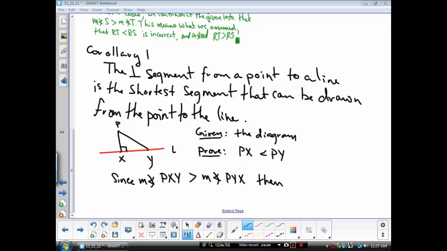And then what I know is if PXY is a larger angle, then the side that's opposite has to be longer than the side that's opposite the smaller angle. So this is telling me then that PY has to be longer than PX. Or, in other words, that PX has to be shorter than PY.